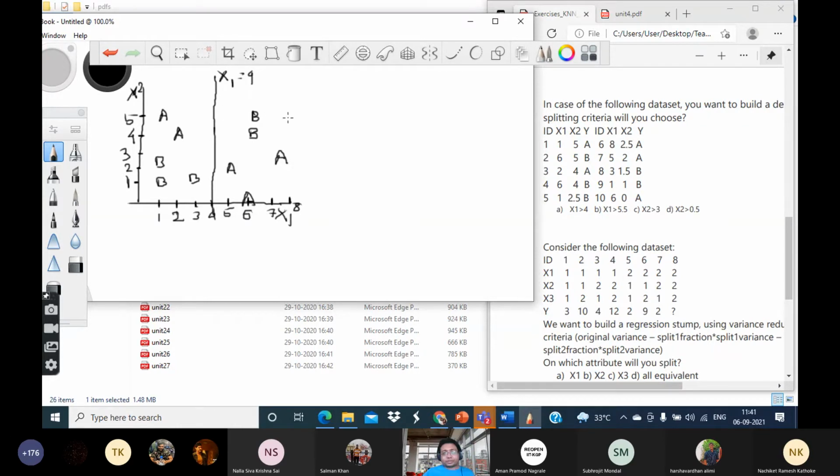Everything on this side is x1 greater than 4. Everything on this side is x1 less than 4. So let us say x1 greater than 4 is my splitting criteria. On this side are all the points which satisfy the criteria, that is x1 is greater than 4, and here I have all the points which do not satisfy the criteria.